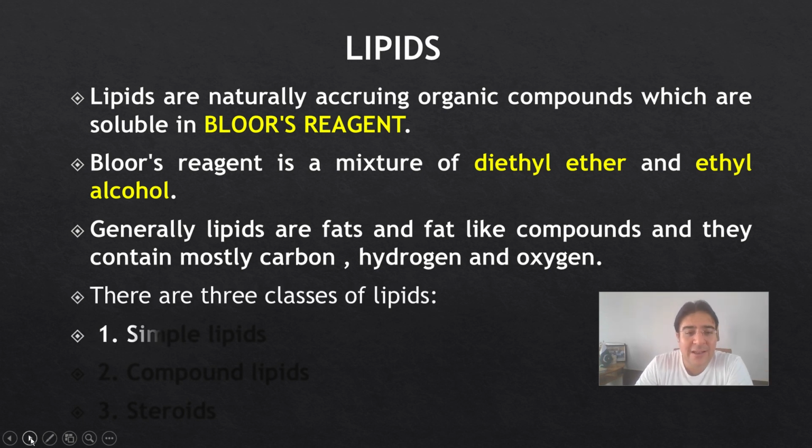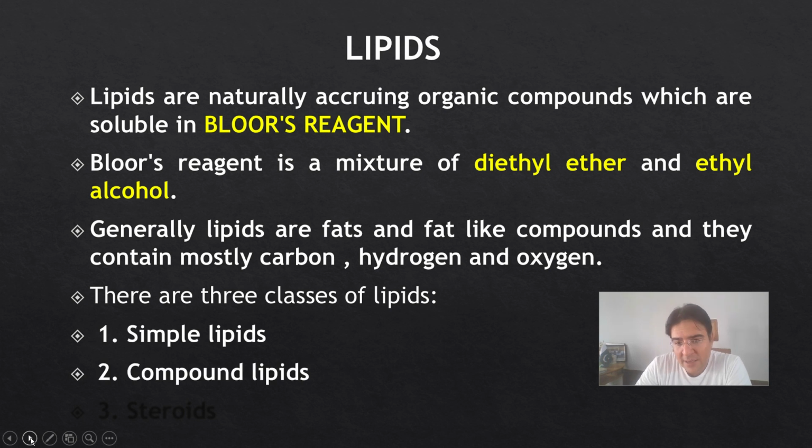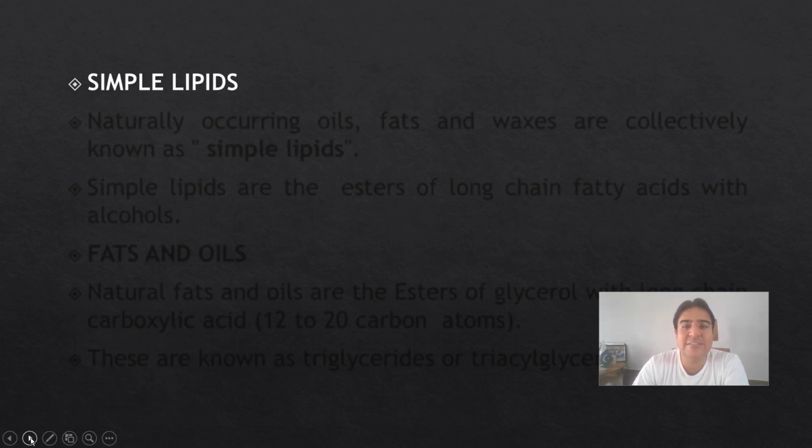So there was a classification into 3 different types: simple lipids, compound lipids, and steroids. If you remember, simple proteins, just the proteins, right? Conjugated proteins, the combination of 2, and then you have a complex. In the same way, you have the simple lipids or compound lipids or steroids. So let's go toward the simple lipids.